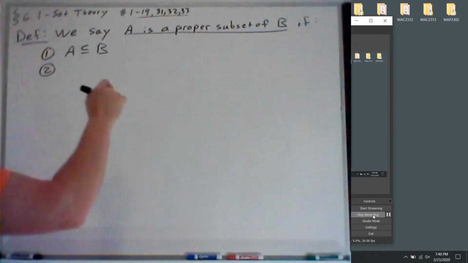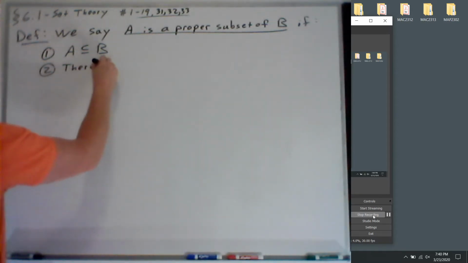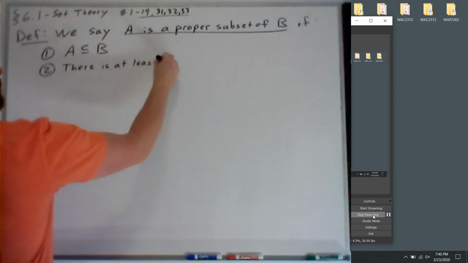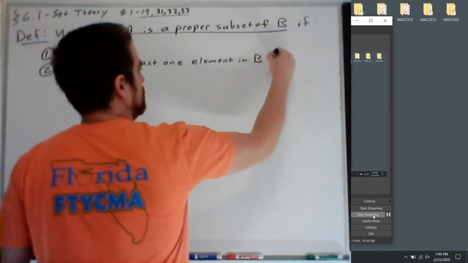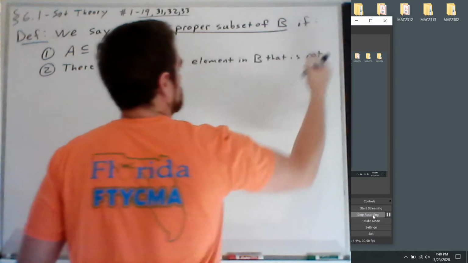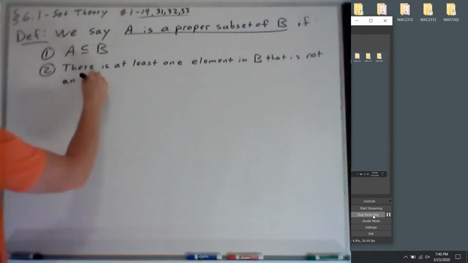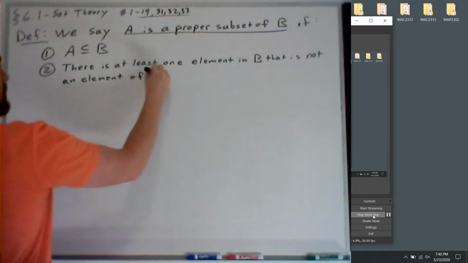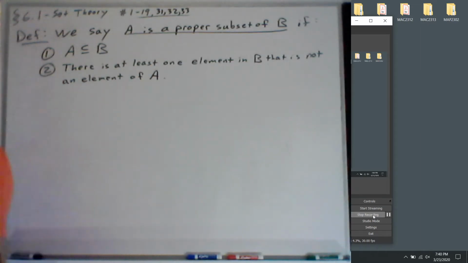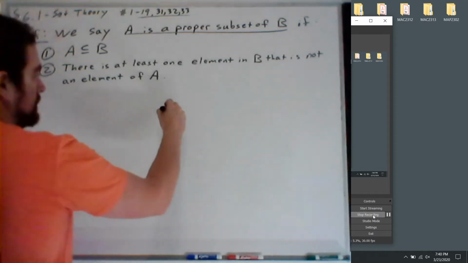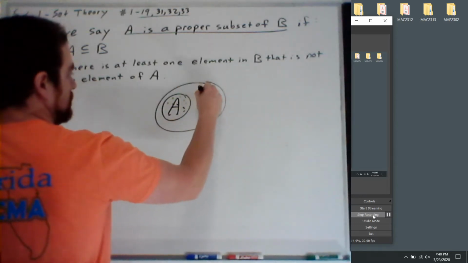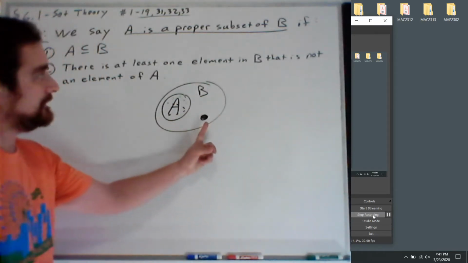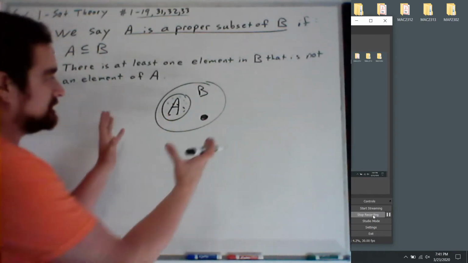The second criteria is that there is at least one element in B that is not an element of A. And again, to draw you the picture where A is a proper subset of B, here is A, it has a bunch of elements inside of it, here is B. There is at least one element in B that is not in A. That means this is a proper subset.